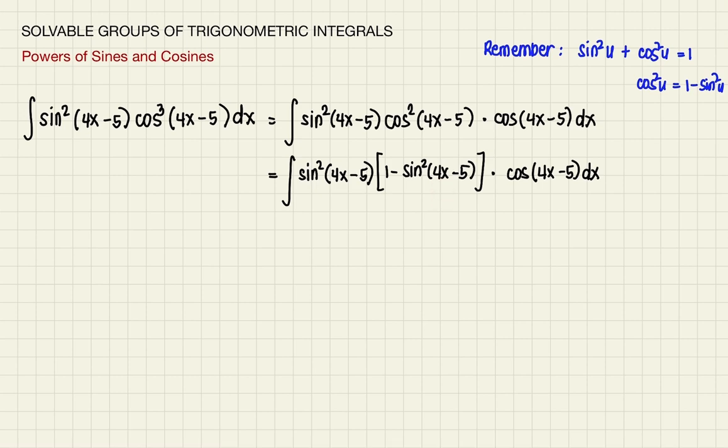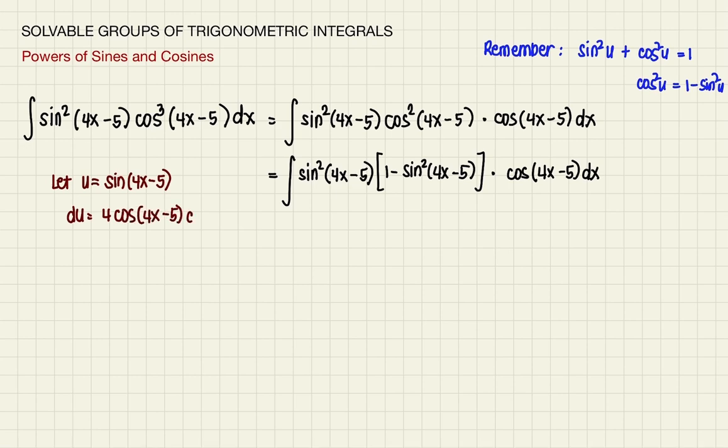Therefore, we can now proceed to performing integration by simple substitution by letting the other function, that's sine of 4x minus 5, be equal to u. So that du is equal to 4 cosine of 4x minus 5 dx.